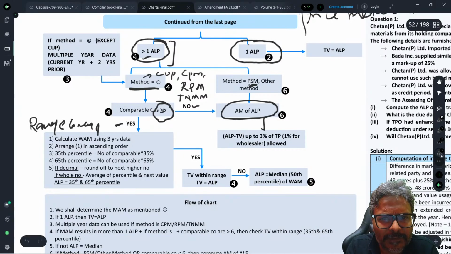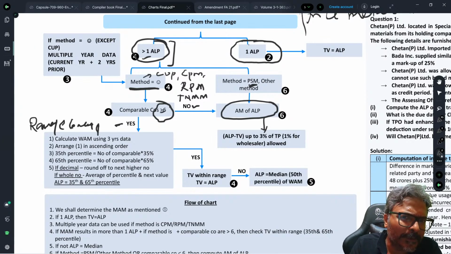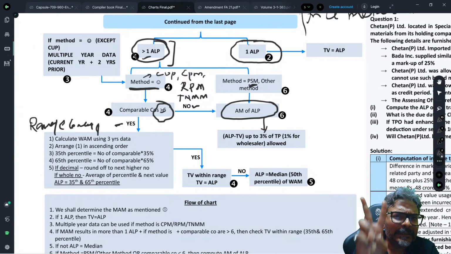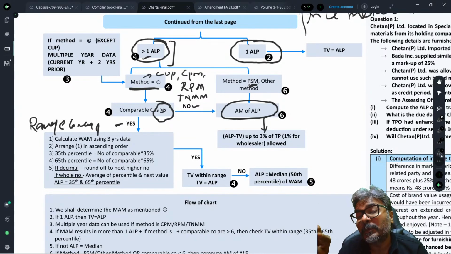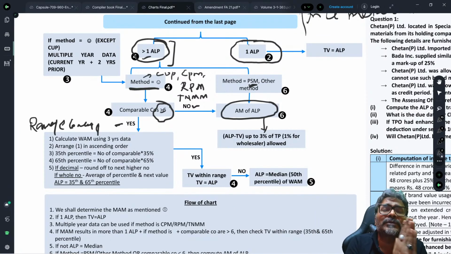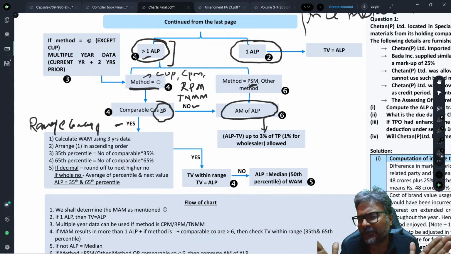Now you have to see this point, students. Be careful. And what is this particular point? If the difference between the arithmetic mean of the ALP and the transfer price does not exceed 3% of the transfer price, or 1% of the transfer price in the case of the wholesaler, then in that particular case, students, we will accept your transfer price because the deviation is not much.